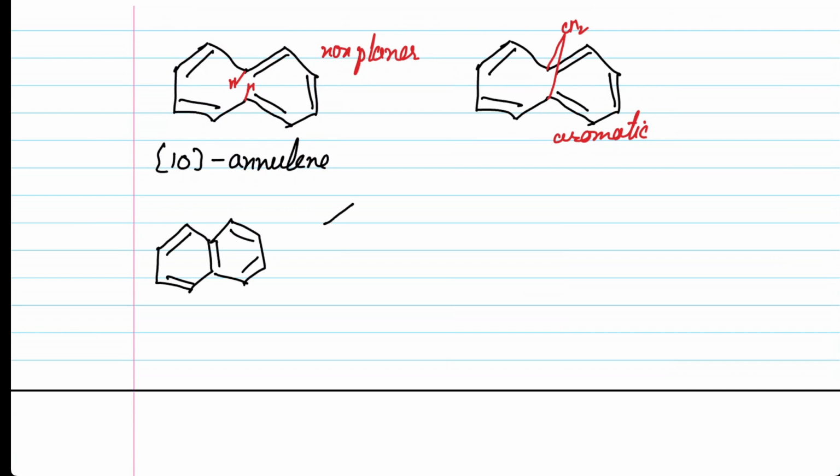Similarly, we have another compound. This compound is what we know as azulene. Azulene has again 5 pi bonds and it has 10 electrons in cyclic conjugation.